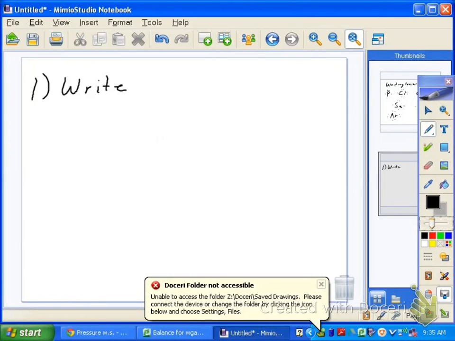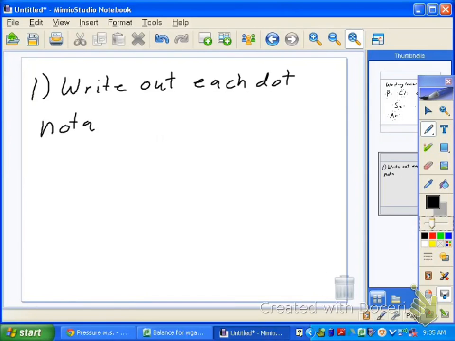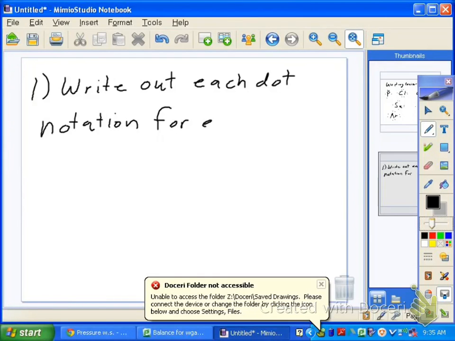Everybody's unique on that. Write out each dot notation for each atom in the molecular formula. I haven't given you one yet, but I will.